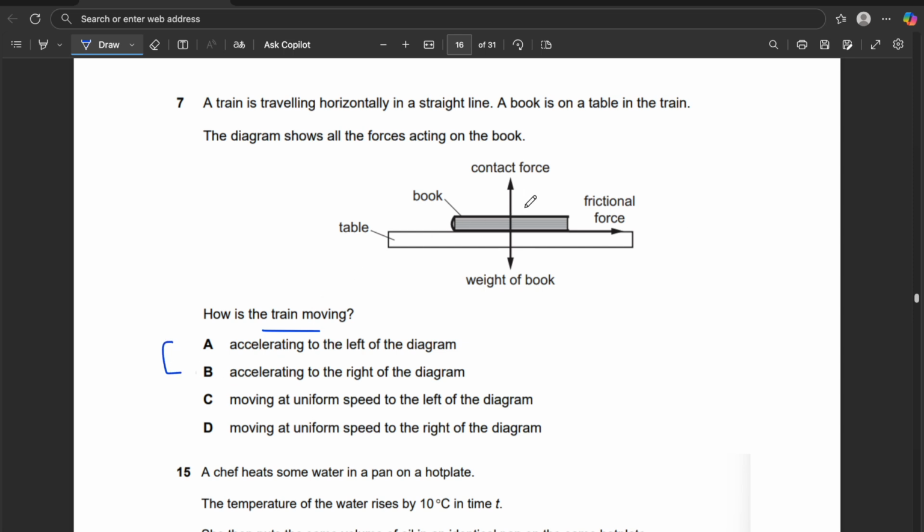So when we consider the direction of acceleration, we know that it is the same as the direction of the resultant force. This is Newton's second law, right? So because the frictional force, the resultant force, is to the right, then it will be accelerating to the right, B.